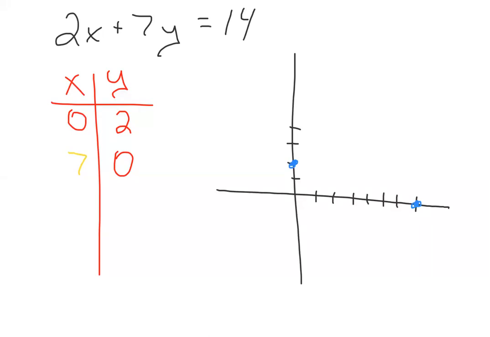There is (7, 0). This is the graph that they had. What you have is the green line. Lousy lines, but the blue line is the correct one.